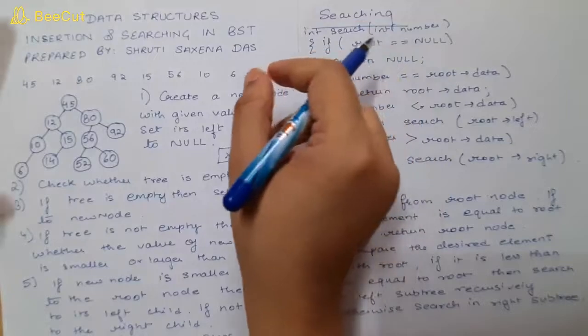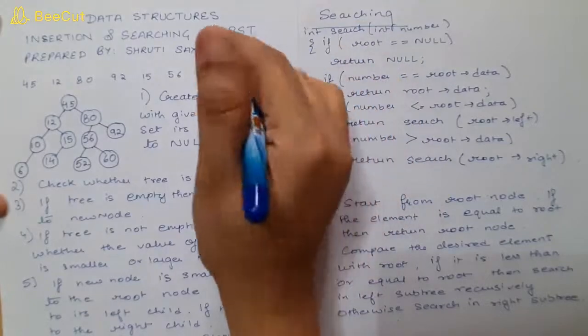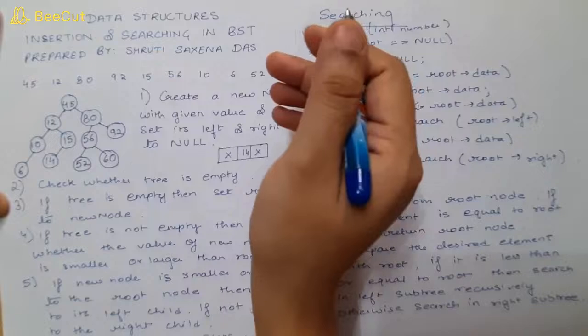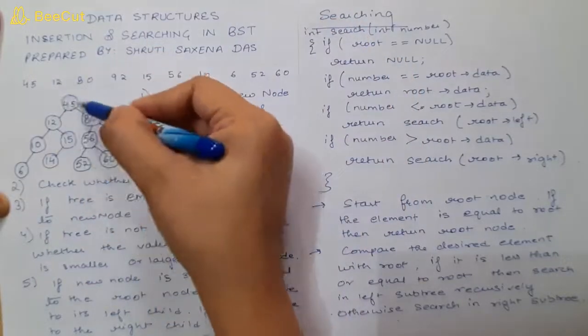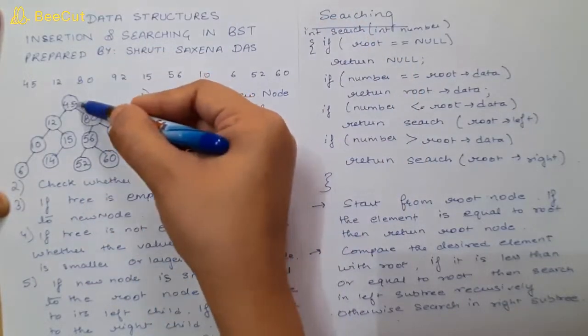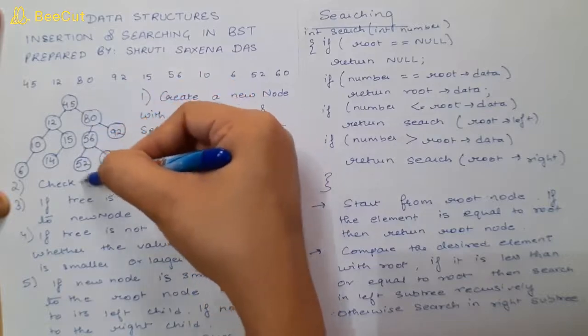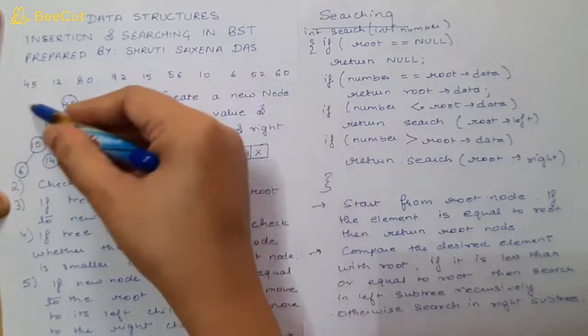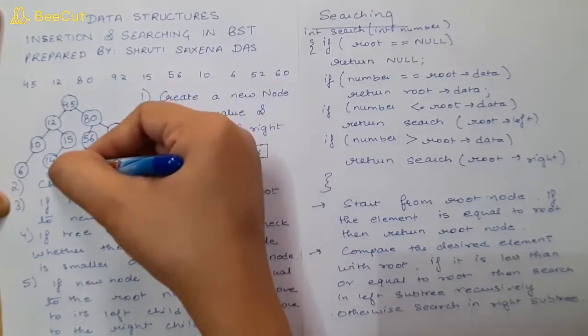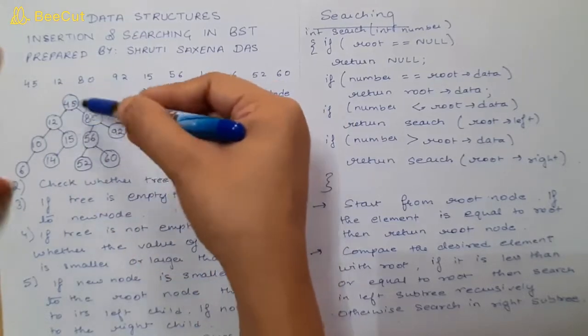We'll discuss one example with this tree only. Suppose in this tree we want to search for 56. We will start with the root node and compare 56 with the root node. 56 is greater than 45, which is the root node, so we are going to search only in the right subtree of 45. We are not going to touch the left subtree of 45 because 56 is greater than 45.